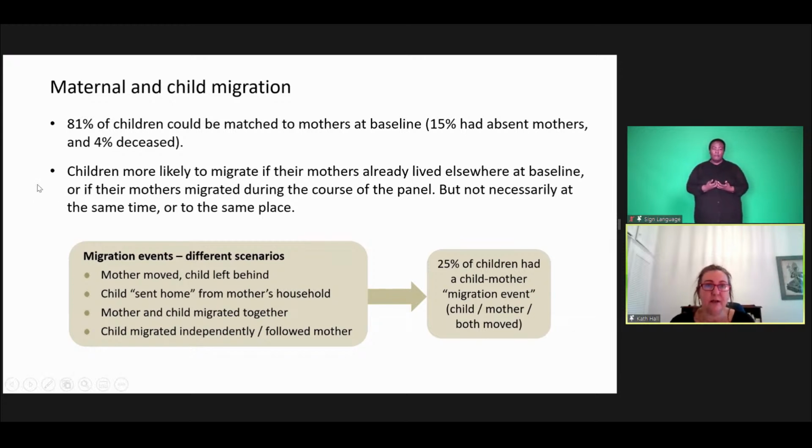What became clear was that child migration is clearly associated with maternal migration. Children are more likely to migrate if their mother already lived somewhere else at baseline, and were over 40 times more likely to migrate than those whose mothers did not, if the mother had migrated.